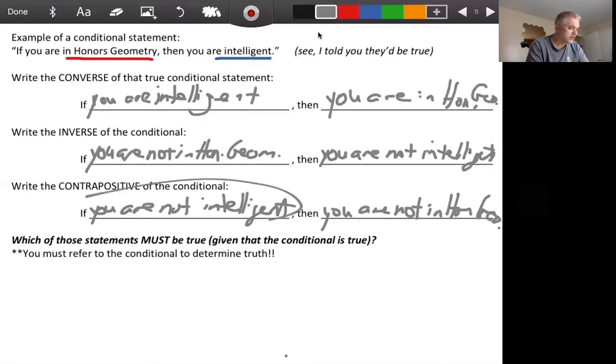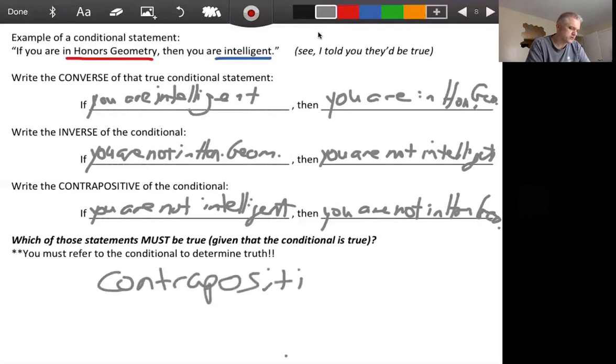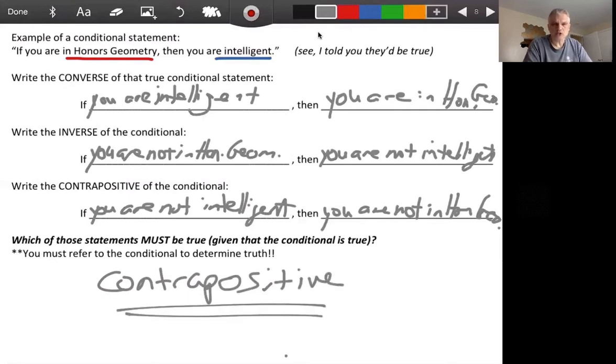So if you're not intelligent, then you can't be one of those honors geometry people. Okay? So that means the contrapositive must always be true. Okay? If your conditional is true, your contrapositive is true.